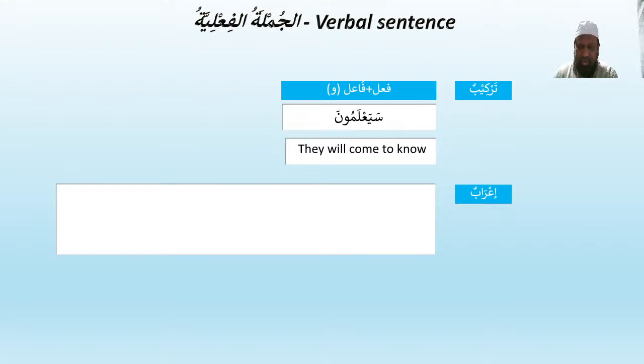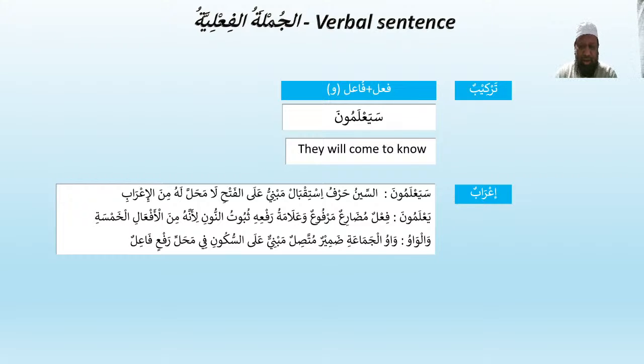And the إعراب of سيعلمون, exactly what I did. سيعلمون السين حرف استقبال مبني على الفتح لا محل له من الإعراب. Again, some of the حركة, just ignore them. So it should be استقبال and مبني على الفتح. يعلمون فعل مضارع مرفوع وعلامة رفعه ثبوت النون، لأنه من الأفعال الخمسة.